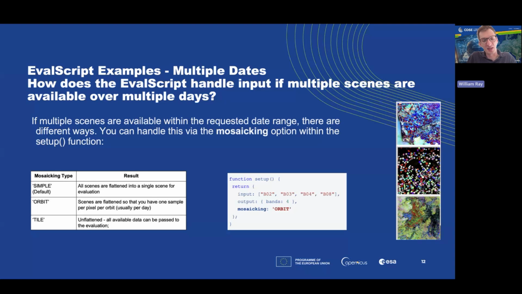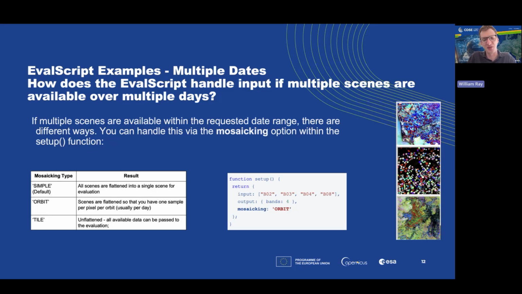This is where scenes are flattened, so that you have one sample per pixel per orbit, which is usually every 5 days with Sentinel-2. And then you have tile, and this is unflattened, so all the data can be passed into the evaluation.